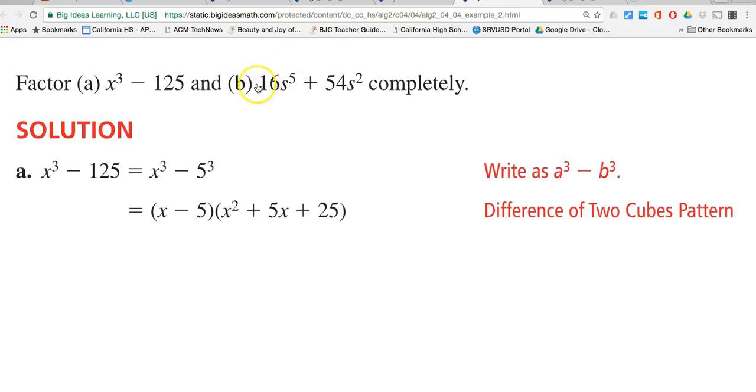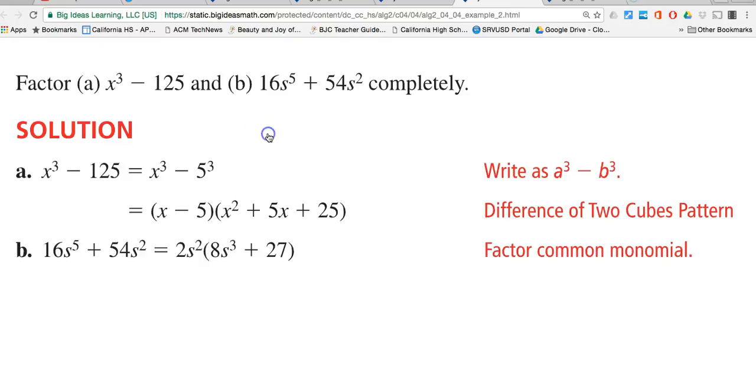Also, when you look at your coefficients, we've got 16 and 54. When you start looking at factor pairs, you're going to realize that 2 is the largest factor that you can take out. So 2s squared is the largest factor that we can take out. When we pull that out, we're left with 8s cubed plus 27.